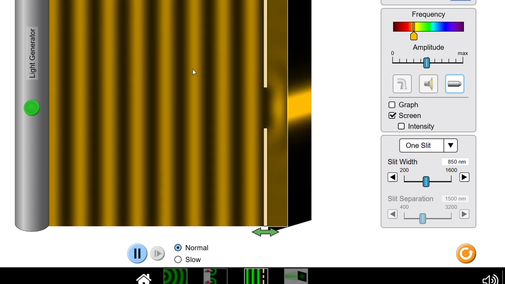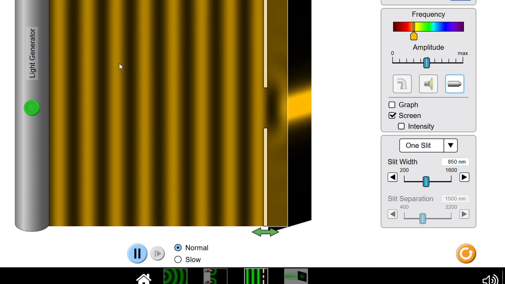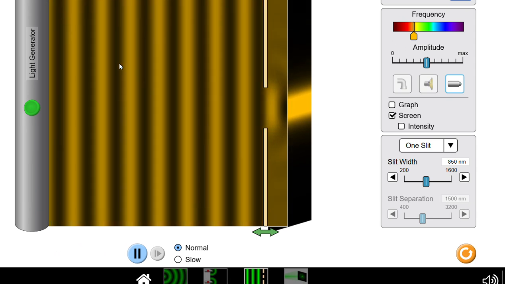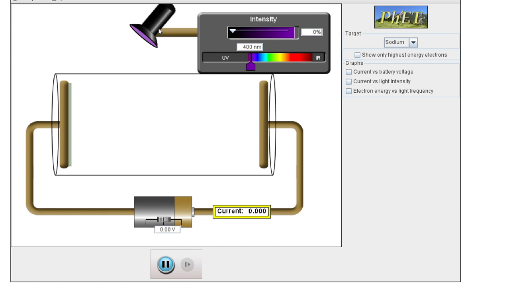As you can see, if light only behaves as a wave, then it will take some time for the photoelectric effect to happen, meaning that it will take some time for this current to have some reading. But in reality, as long as there is a certain intensity, there is already the current reading. So it means that it happens without any waiting.